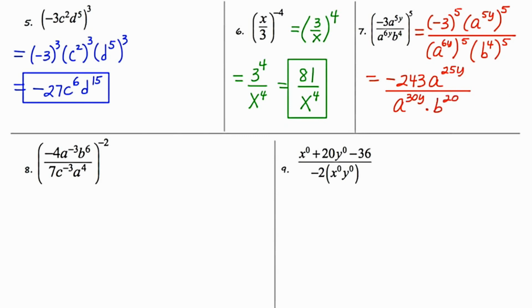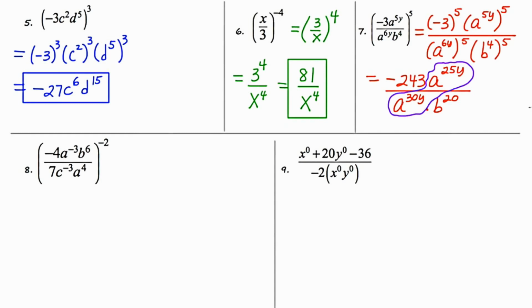Now, we're not quite done yet. If I focus my attention right here, and I'm going to put a little blob around this, that numerator and denominator have the same base. And the rule is, if you're dividing and you have the same base, you should subtract the exponents.